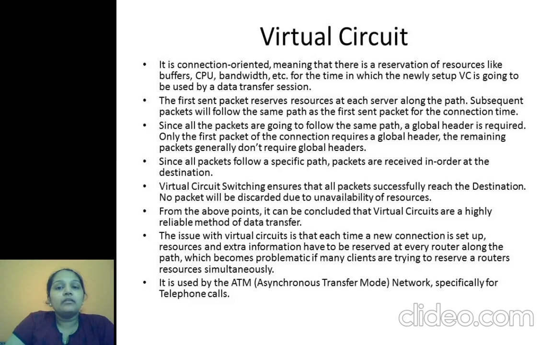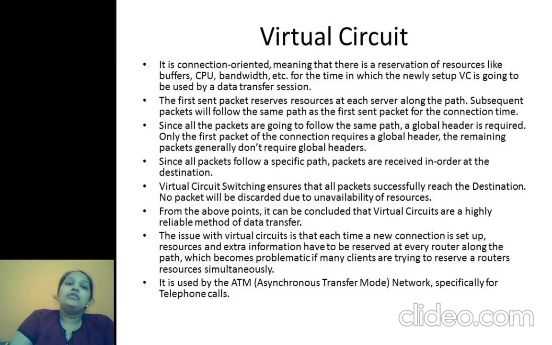Then the specific example of a virtual circuit is a telephone call. I can explain it this way: in a telephone conversation, first of all we have to dial a number. While dialing, the first stage in the virtual circuit is creating a connection with the person you want to connect to.